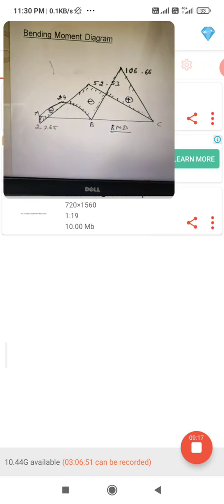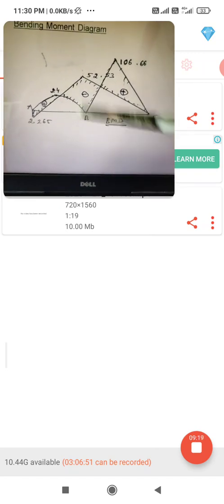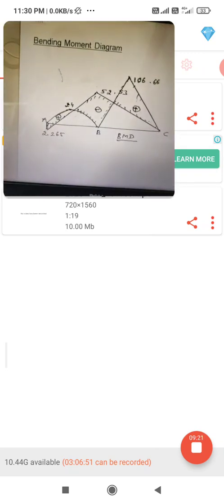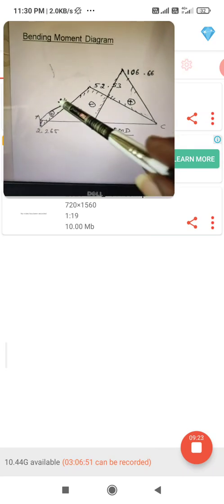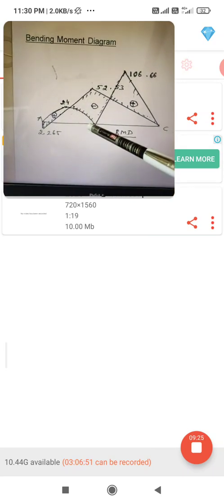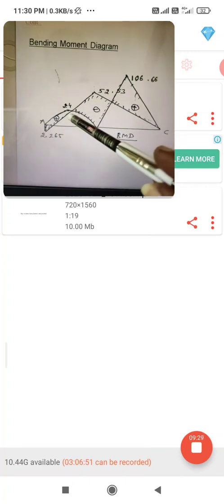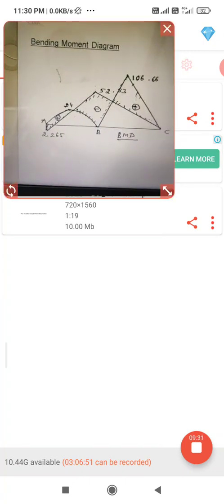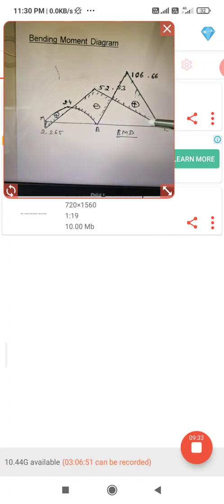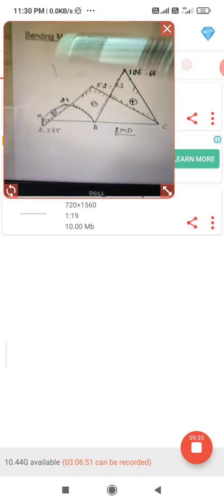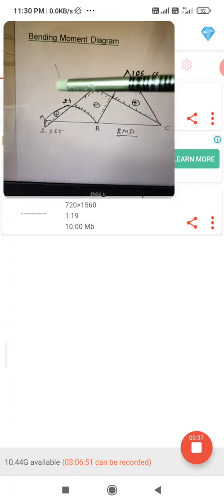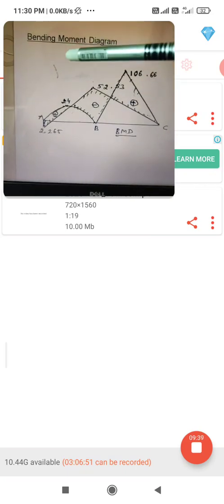So how to draw the bending moment diagram? It's very important, listen carefully. If the standard directions are anti-clockwise, clockwise, anti-clockwise and clockwise, we have to show the anti-clockwise, clockwise, anti-clockwise, clockwise directions with the same signs for the values.